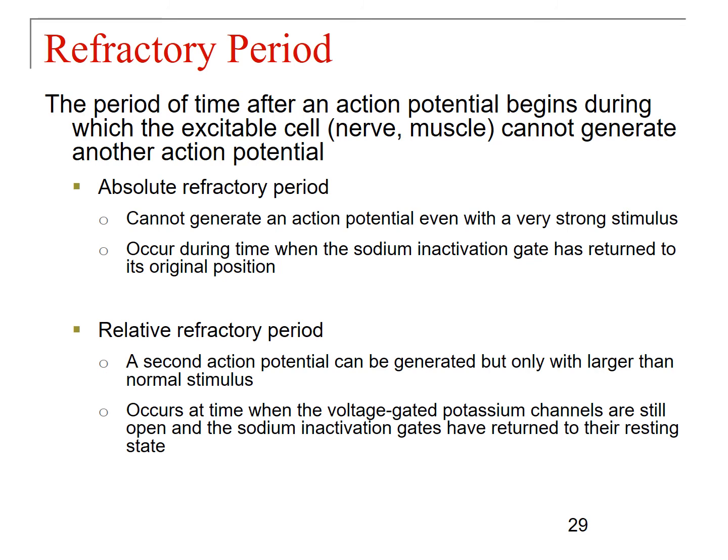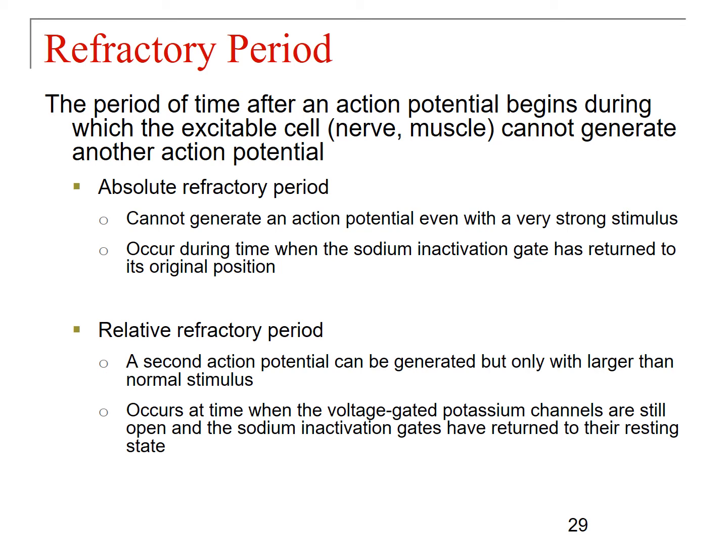Okay, now a refractory period is a time during which an action potential cannot start in a cell. So the cell can't start a second action potential in the middle of the first one. There's something called an absolute refractory period, and this is when a cell cannot generate an action potential no matter how strong the stimulus is.